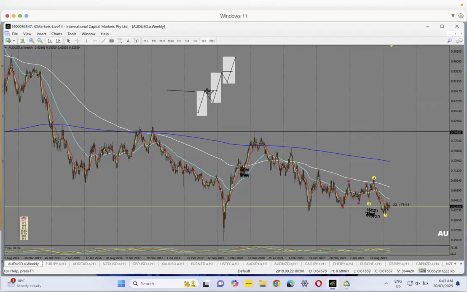We need to break that higher high and form a new higher high for me to say, yep, now we are in level two. That's exactly how you are supposed to mark your levels. You are simply marking out market structure, but you are interested in the moves away from that area. Same thing with the higher time frame.